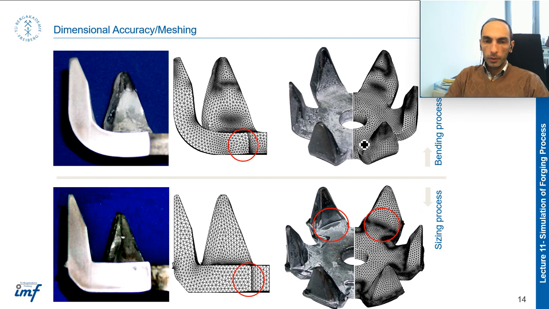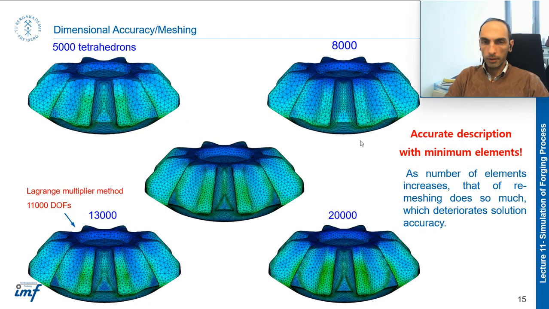So meshing and remeshing is also important to obtain the geometrical accuracy, and of course the numerical accuracy are also influenced by the system of mesh you use.